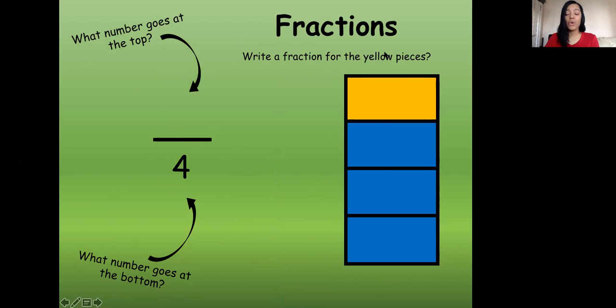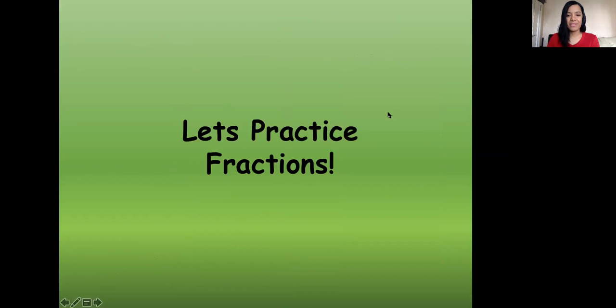We have to be careful for what it's asking. Write a fraction for the yellow pieces. So we're going to look only at the yellow pieces. How many yellow pieces are there? 1. So then we would put the 1 on the top. 1 out of 4 pieces are yellow. Okay, well done.